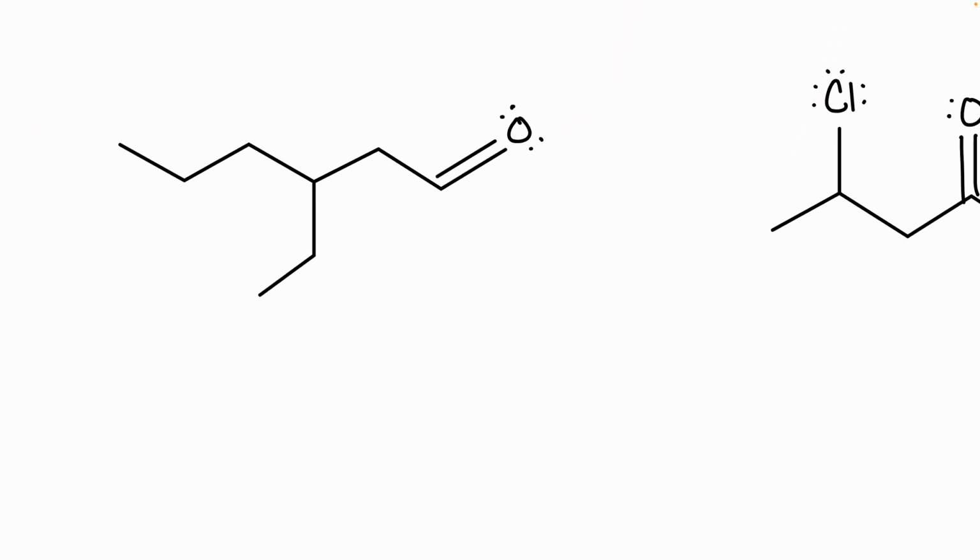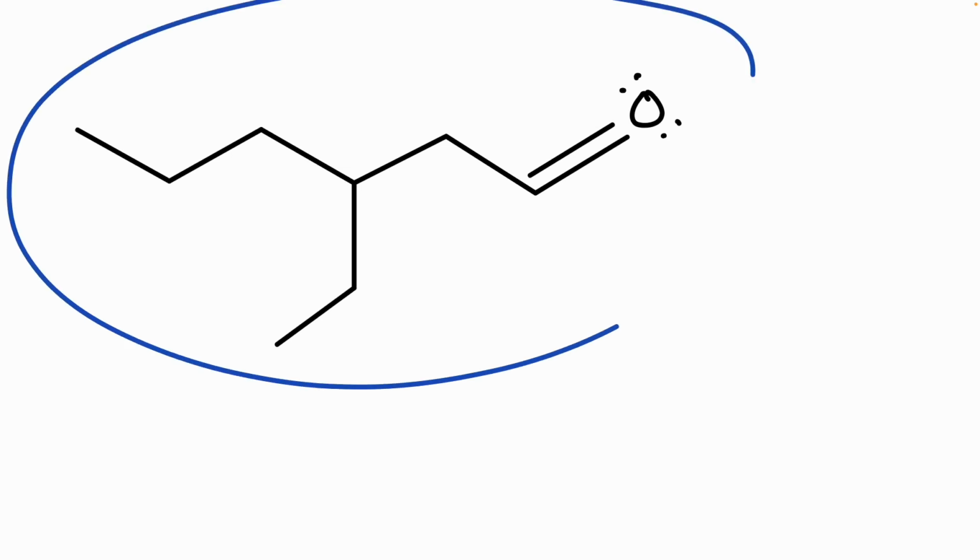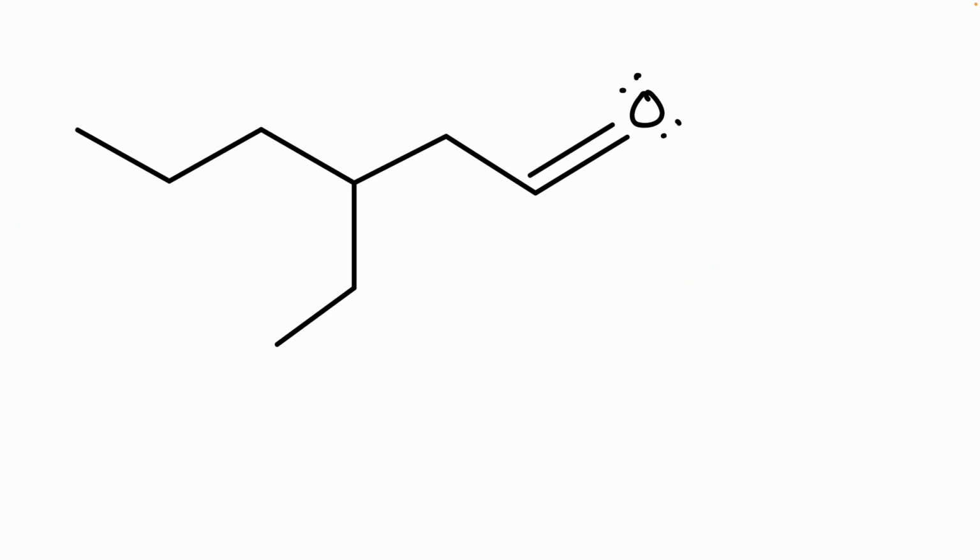Okay. How many carbons are in my parent chain on this next example? 6. I got my 1, 2, 3, 4, 5, 6, and I know it's got to include that carbonyl carbon because it has to include that functional group. All right, so then what are these 2 carbons over here? An ethyl group.